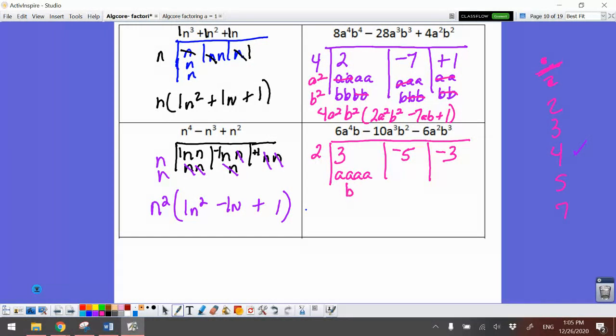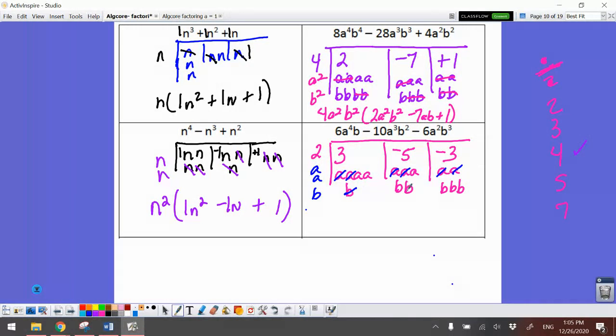Okay, here's 4 A's, 1 B, 3 A's, 2 B's, 2 A's, 3 B's. Okay, what can I take out as far as A's? Well, I see I can take out 1, and I see I can take out another one. So there's my 2 A's. Now there's no more left here, so I can't do that.